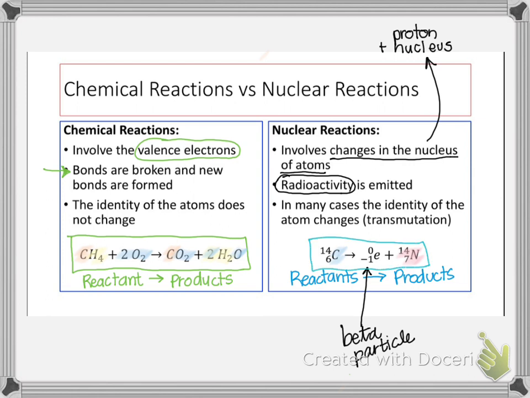Now notice in the nuclear reaction, which is right here, we still write the reactants on the left side and the products on the right side. Another thing to notice that is different when we look at the nuclear reaction, and we're going to review this, is isotope or isotopic notation.